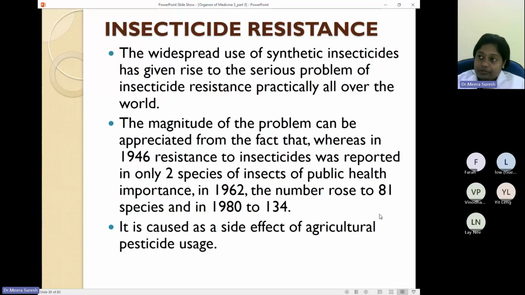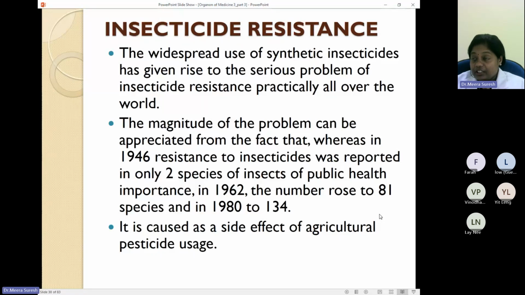And earlier, one of the benefits, as I already told, was that food and agriculture crops were not getting destroyed by the pest. There was a benefit, but there are side effects of using these agricultural pesticides on a larger scale. The food is saved in large quantity, and there is economic development also.